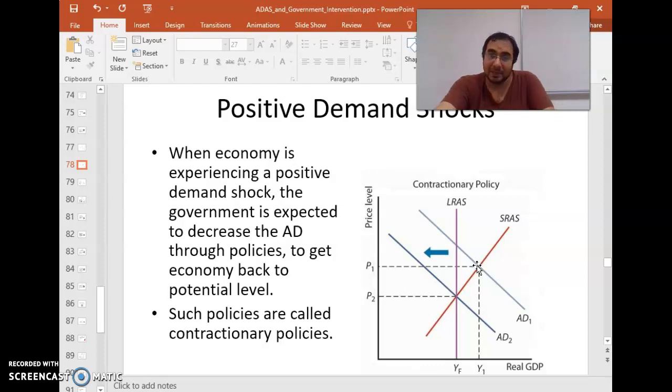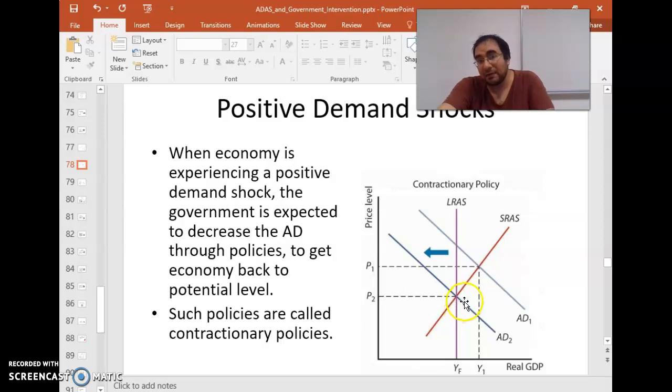But if you apply this type of policy, then you decrease the demand level. So AD will shift to the left. At each price level, there will be less aggregate demand. So in the end, you will return to this point, P2 and YF, the potential output level, at a lower price level compared with the point where you have started, which might mean a lower inflation level if you have stable inflation.